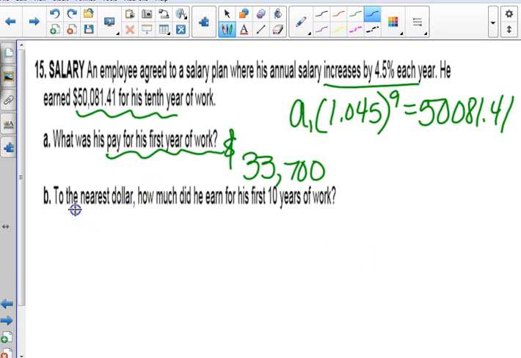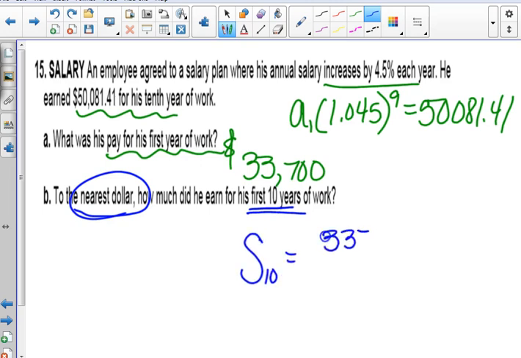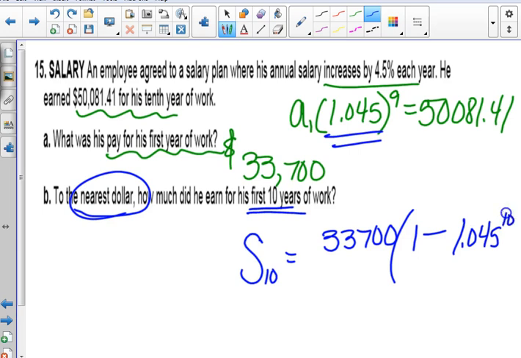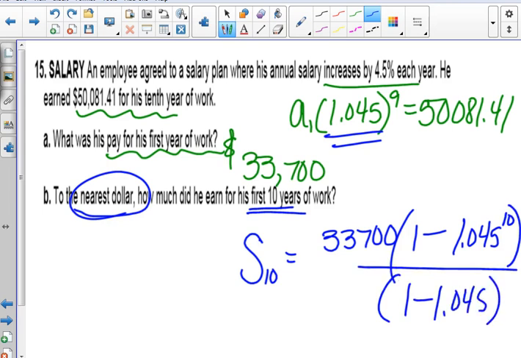Now it says to the nearest dollar. Oh, I bet I didn't read that right earlier. How much did he earn for the first 10 years? That means the total, guys. So we're doing what? The sum is the first term times what? What's our rate? 1.045, because this is what we multiplied by, to the 10th this time. Okay, type. How fast can you type?